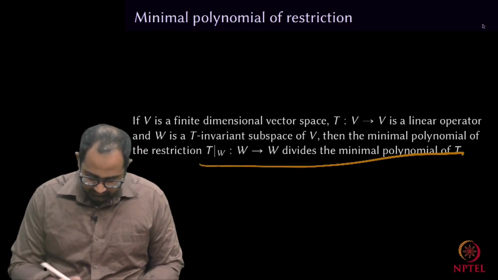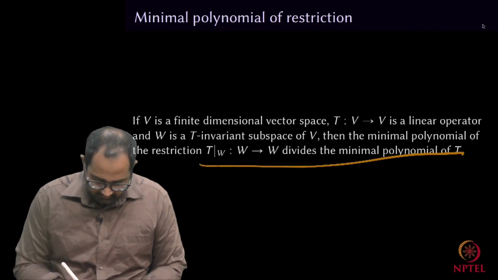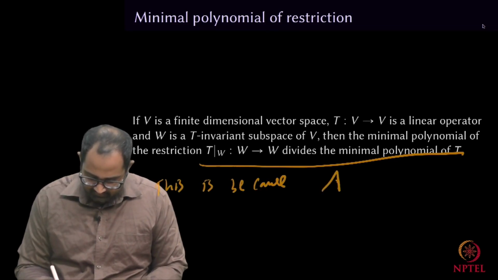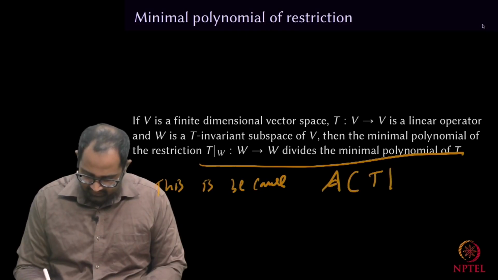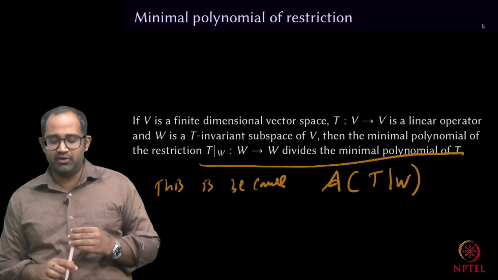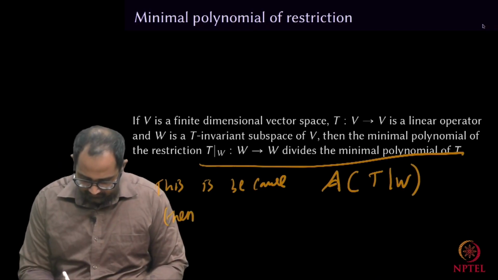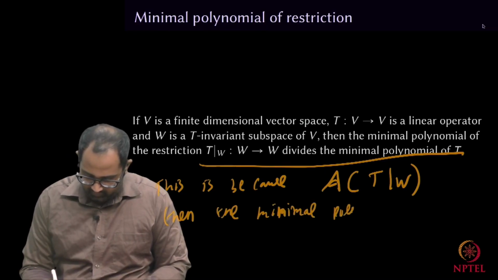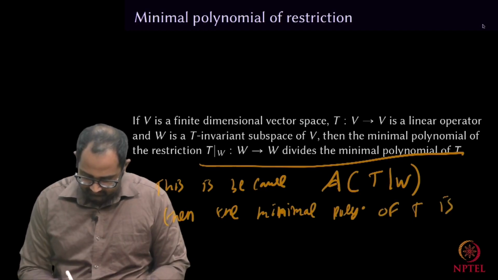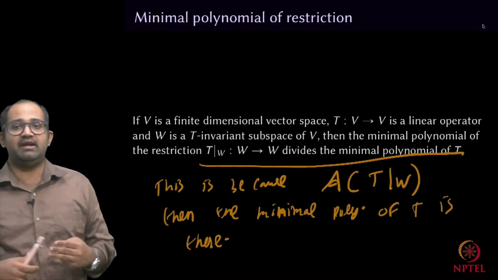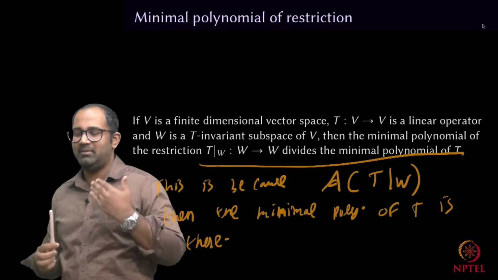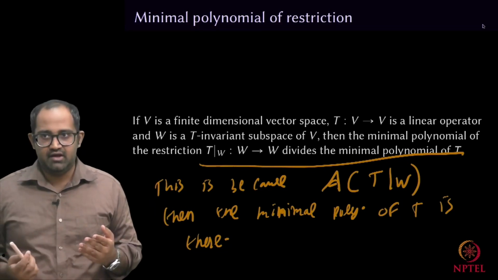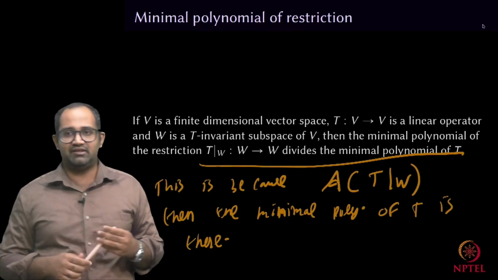Well, this is because if you take the annihilating set of T restricted to W, then the minimal polynomial of T destroys the entire operator T on the whole space V. So in particular, m destroys T restricted to W as well.